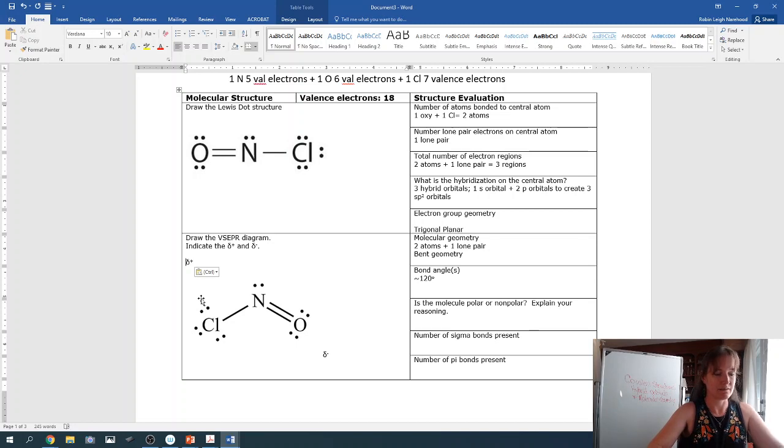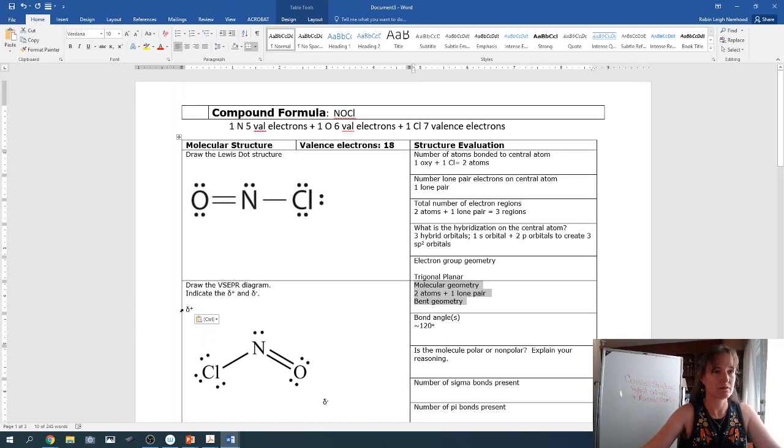Let's see if I can get it to go over. It'll be up here above the nitrogen. And if I could use my drawing tool, I would draw it directly: the partial positive would be on the nitrogen. The partial negative is on this oxygen. This is the closest I can get it to be on oxygen. That is because oxygen is more electronegative.